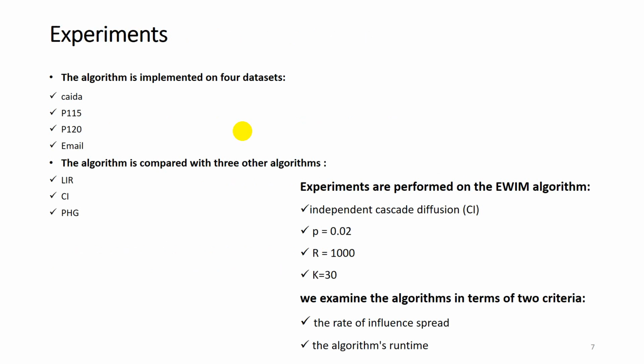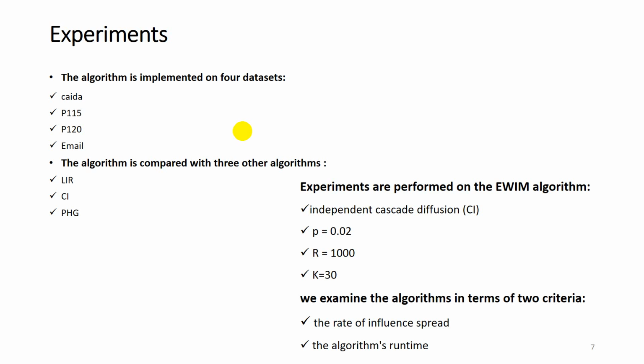About experiments. This section addresses the performed experiments and compares the algorithm with the CI, LIR, and PHG algorithms on QAIDA, P150, P120, and email datasets to prove the efficiency of the EWIM algorithm. Experiments were conducted in the Python environment, and the IC influence spread model was used.